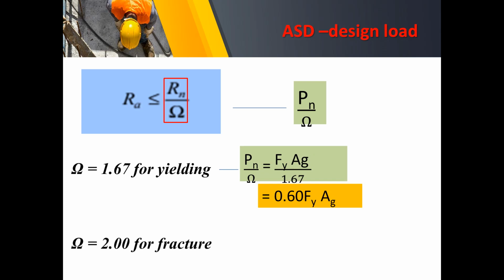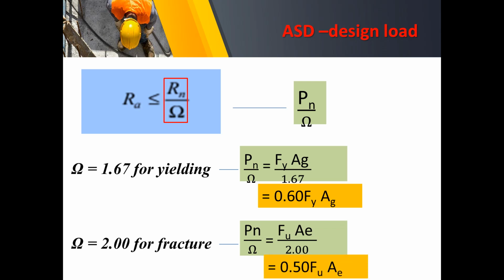For fracture, we use omega equal to 2.0. Again, for fracture, Fu is always paired to the effective area. Hence this equation. Now, reciprocating 2, that becomes 0.5.